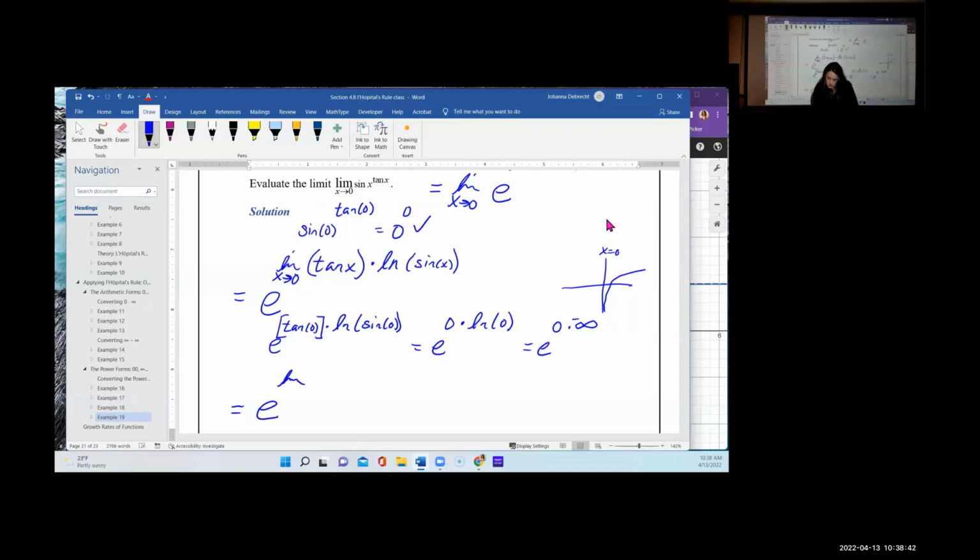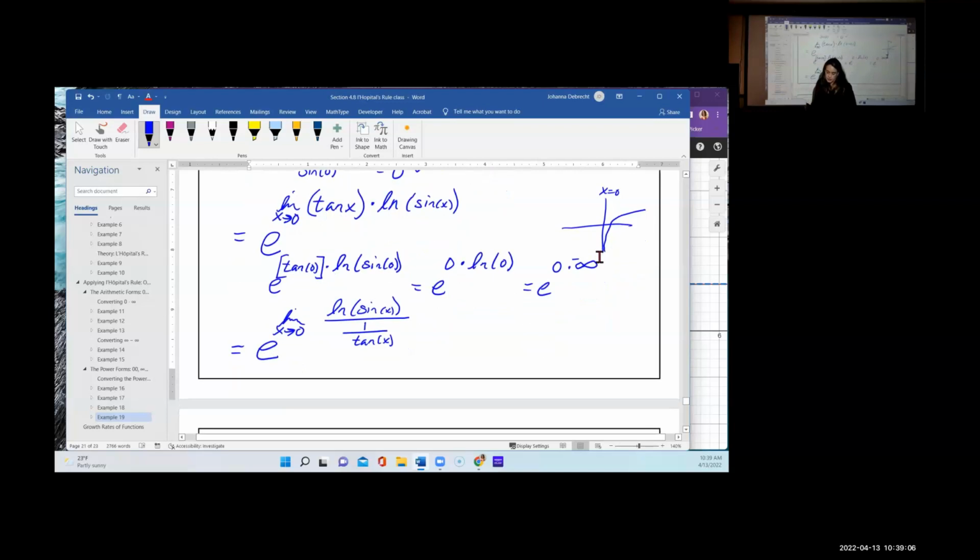You're going to have to do it, but we will be able to simplify it a little bit. So we've got the natural log of the sine of x divided by 1 over tangent of x, right? So we're dividing by the reciprocal of tangent, which is 1 over tangent.